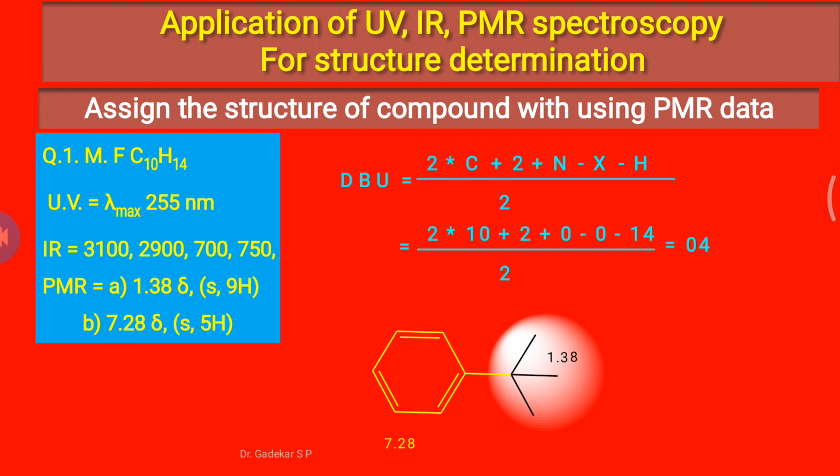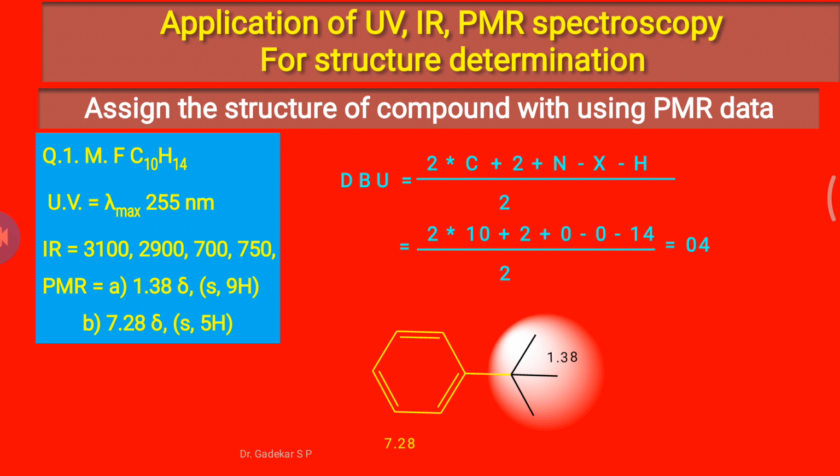Next, UV gives the information about conjugation. Second, the IR region helps give information about the functional group. IR spectroscopy explains the IR frequency absorbed by a particular functional group.